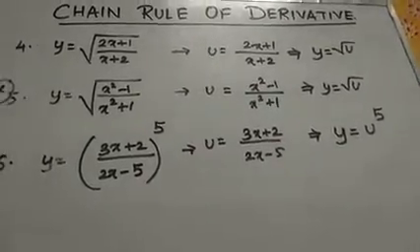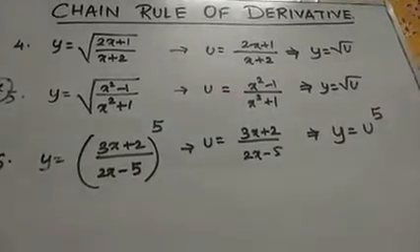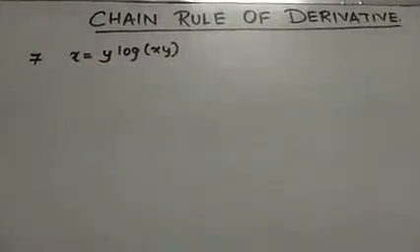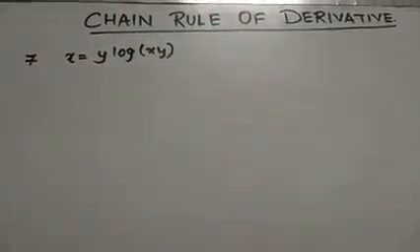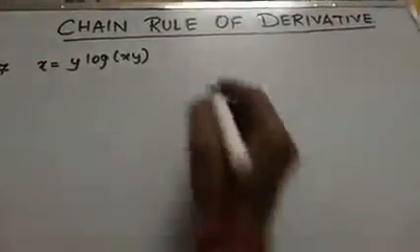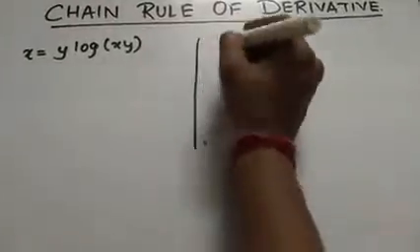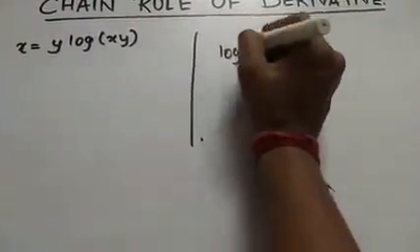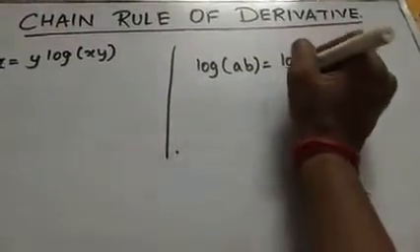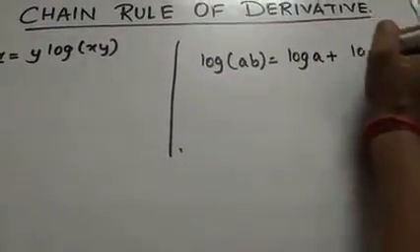Now let us try another different type of question from this topic of chain rule. Question number 7: x equals y log xy. Before starting this question, remember one property of log, that log of a into b equals log a plus log b.